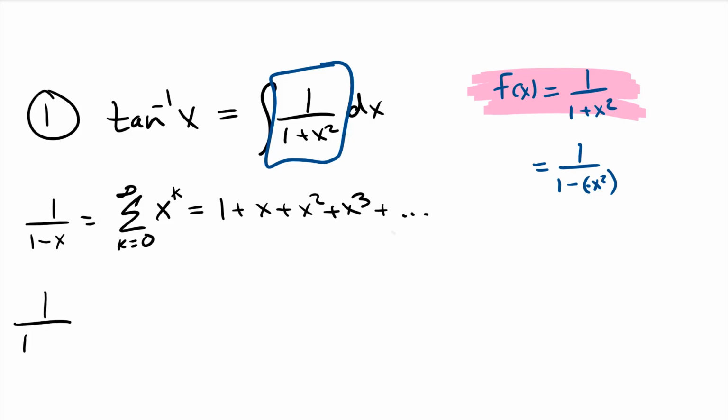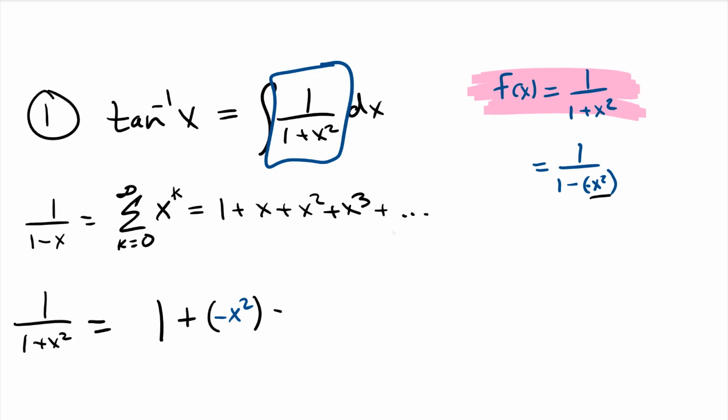So 1 over 1 plus x squared is actually equal to the sum as k is equal to 0 up to infinity of... we're going to plug in. If you try and jump to that part, you're not going to get the right answer. We actually just need to plug it in here. So our first term is 1. Our next term is just x, but our x is -x squared.